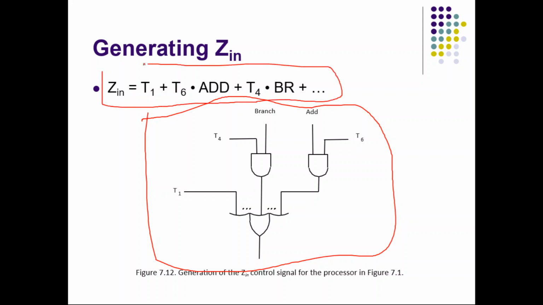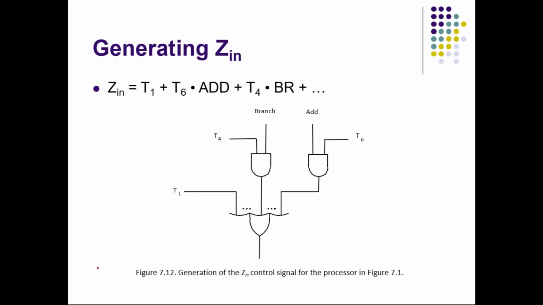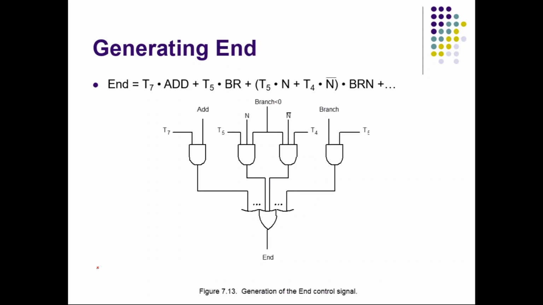Z in is equal to T1 plus, it is OR, so plus T6 into ADD plus T4 into BR. Here we are using AND gates, so multiplication is used. This is one example of how a hardwired control is created.